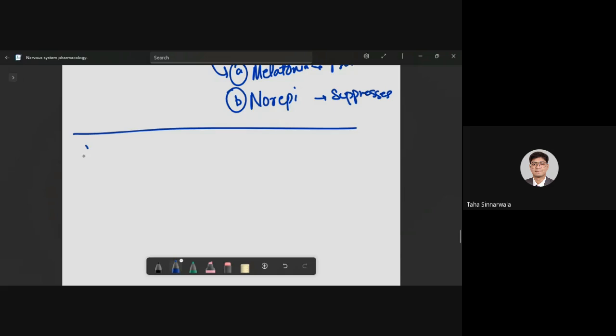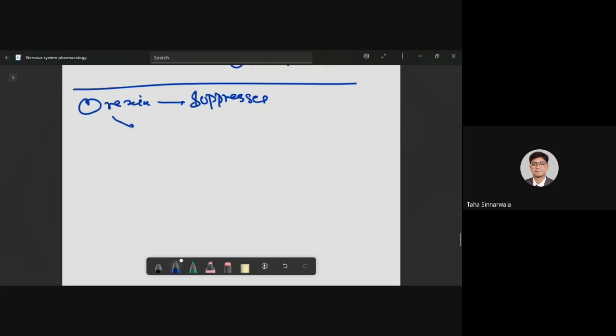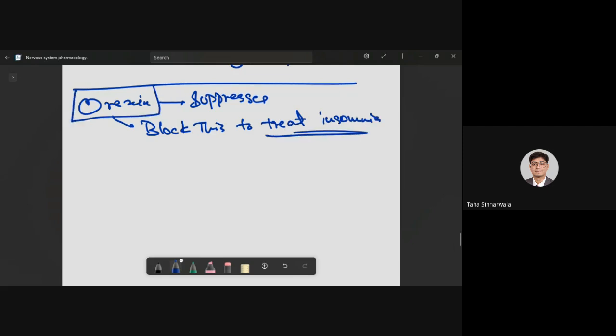We have orexin, and what orexin does is it suppresses sleep. So if we block orexin, we can essentially treat insomnia.